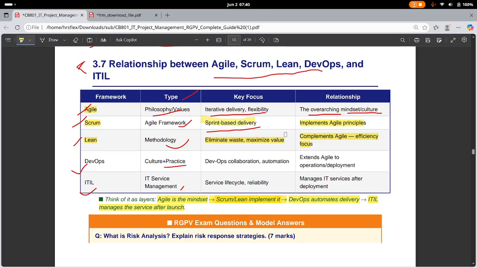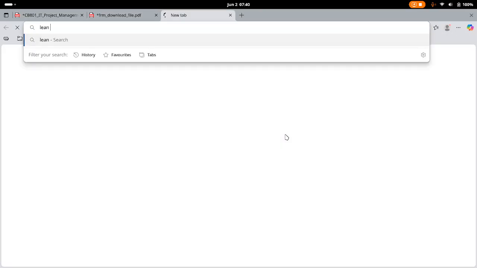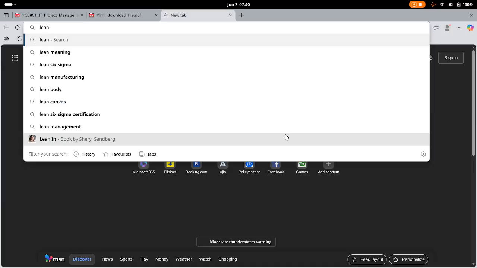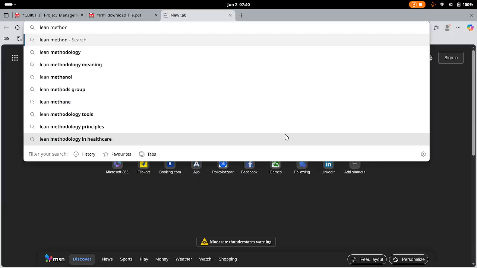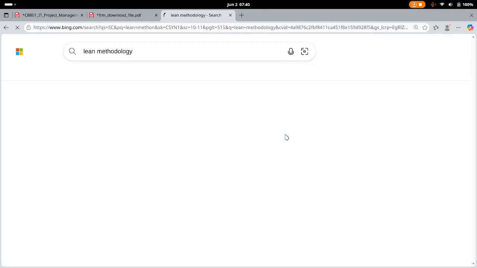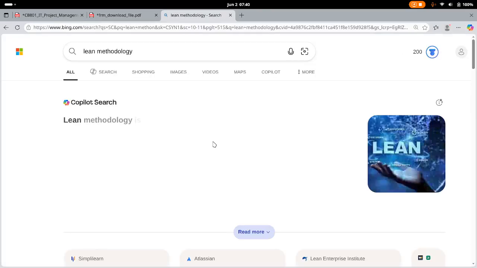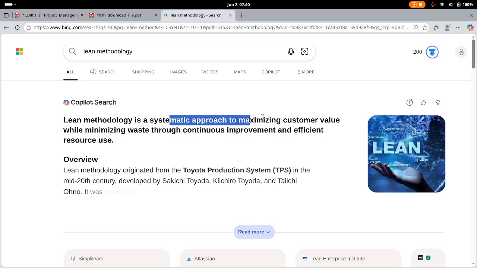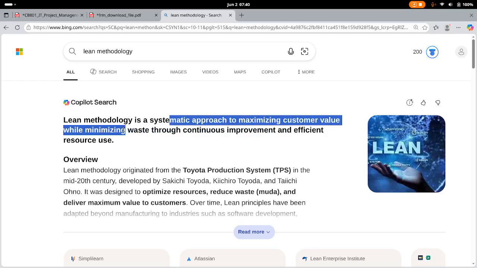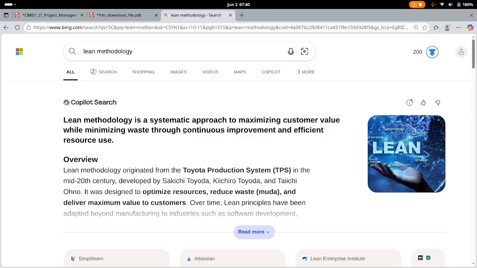So it focuses on efficiency basically. It is a type of methodology only. If you see Lean methodology, it is a systematic approach for maximizing customer value while minimizing waste through continuous improvement. What I was saying, continuous improvement, efficient use.